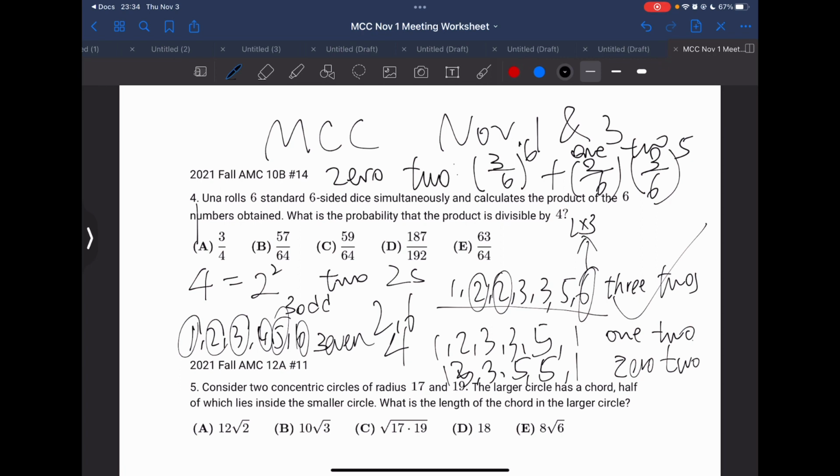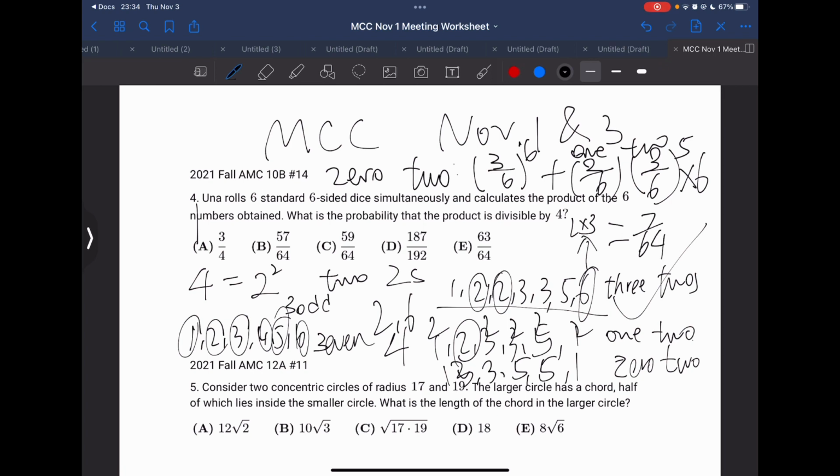And we can see here, the 2 can actually be placed at any die. So the 2 can be here, here, here, here, or here. So we need to times 6.